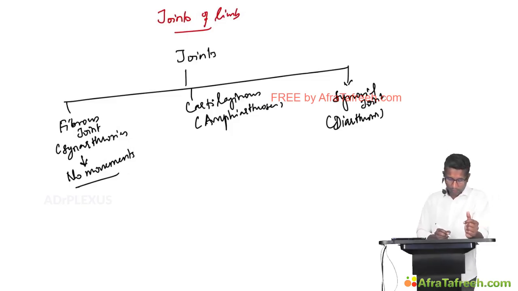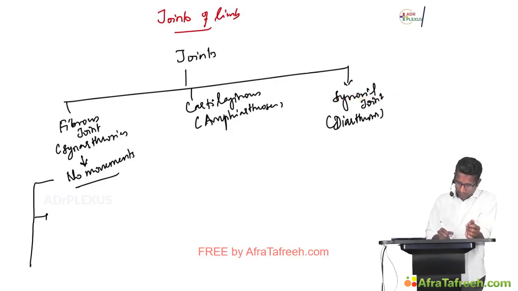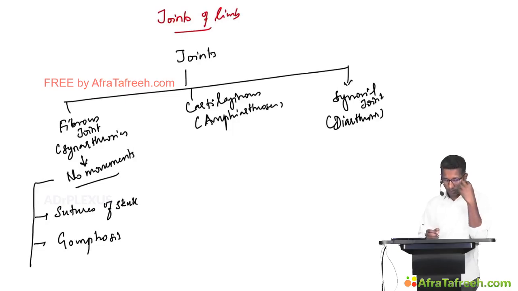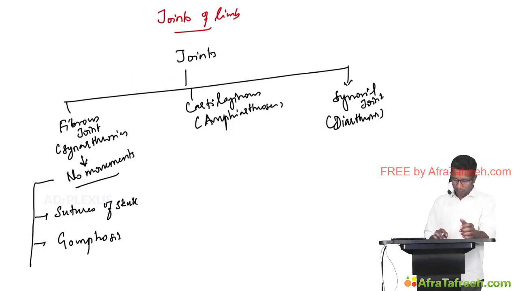In the fibrous joint there is no movement, and the examples for fibrous joints are the sutures of the skull. Sutures of the skull are an example of a fibrous joint. The gomphosis, that is between the teeth and the tooth socket, is an example of a fibrous joint.